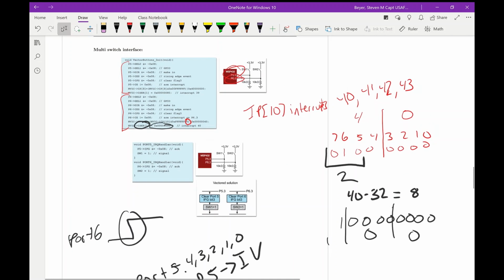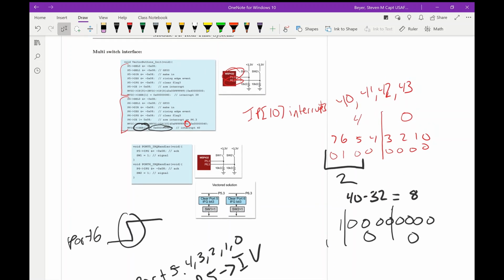Going back to these 2 different ports, they're both set to priority 2. If both switches were to happen at the same time, or you can't have it at the exact same time, whichever happens first is going to be processed, then cleared, and then the next one is going to occur.